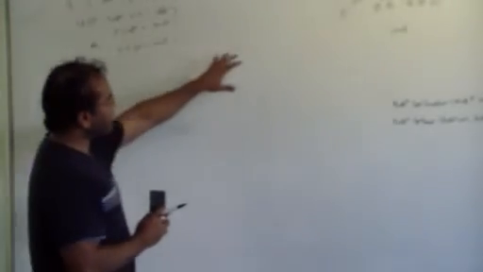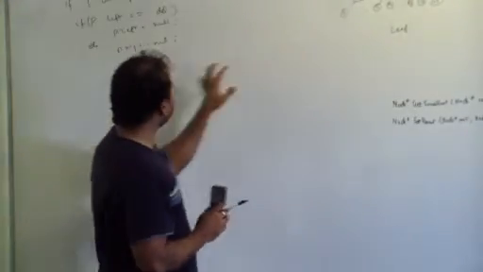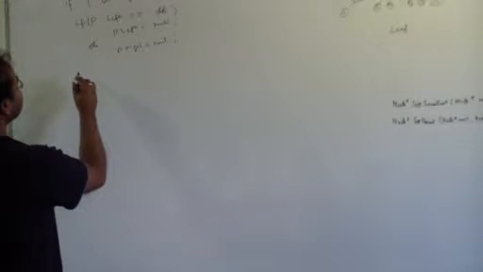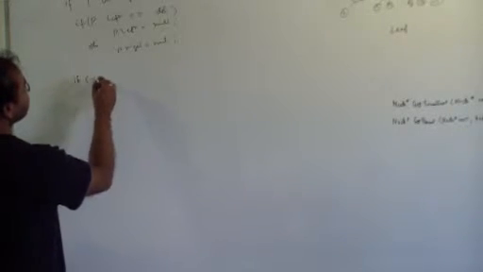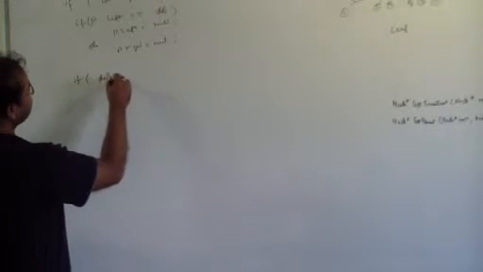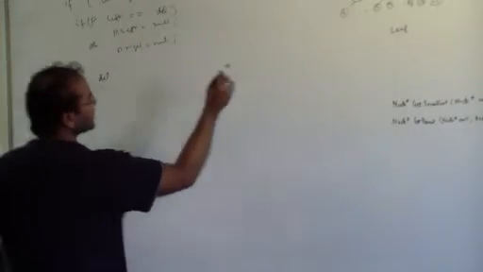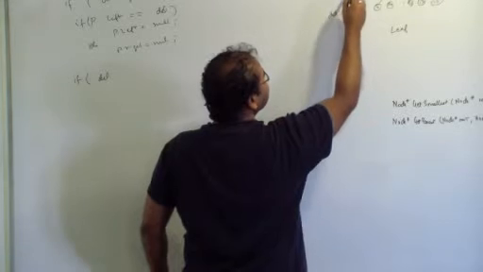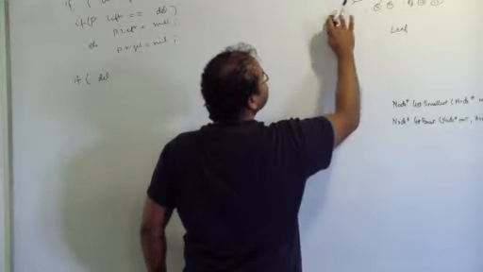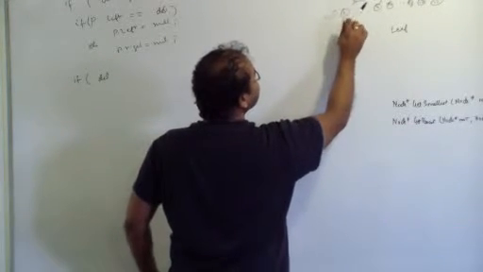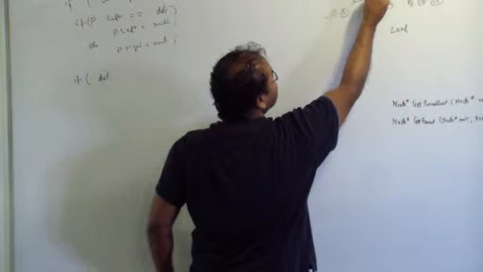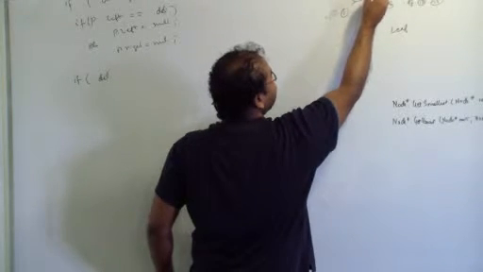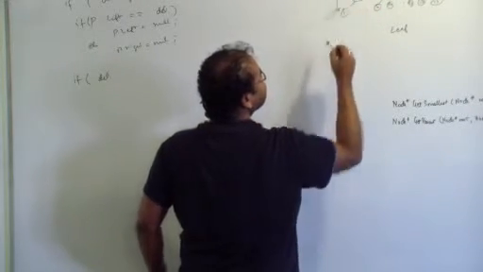The first condition is both are null, so that's taken care of. And the other one is if the delete node has one child. What we want to do is take this parent pointer and start pointing over here.